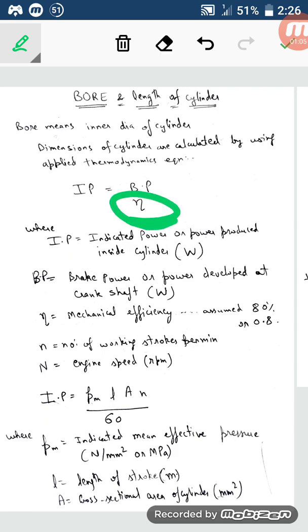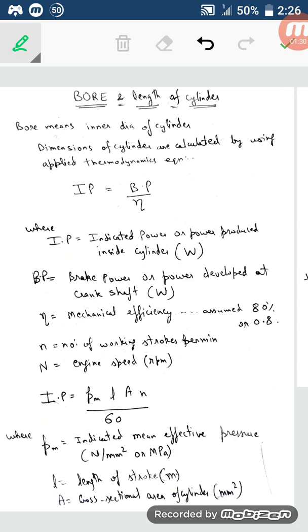This is my mechanical efficiency, and this efficiency will always be less than 1. If my efficiency is 100%, it will be equal to 1. If it is 90%, it will be 0.9. So it cannot be greater than 1; it should always be less than 1.